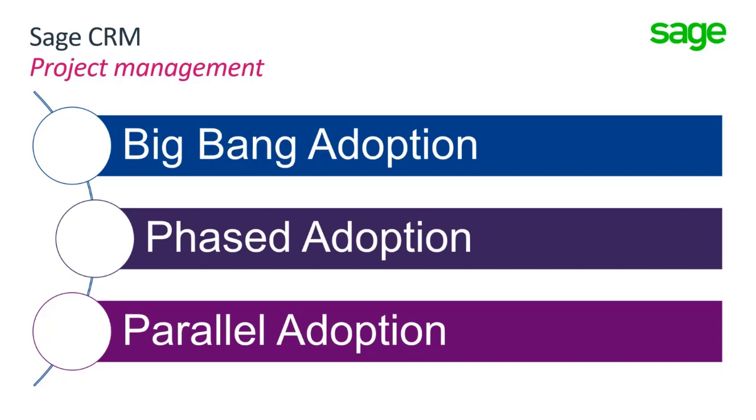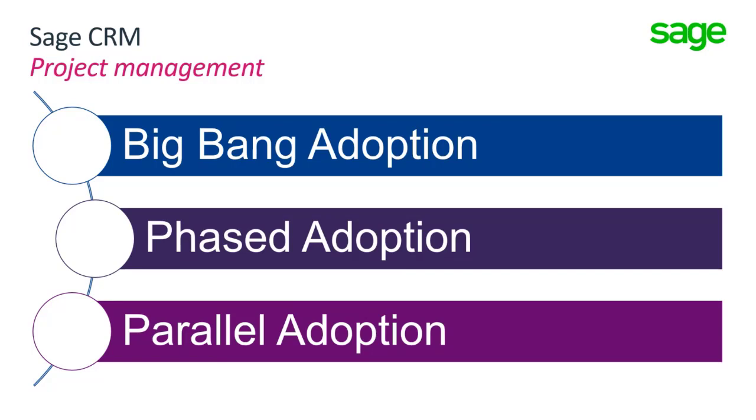So it might be turn on Sage CRM, get Sage CRM working, get the sales team working, and then look at integrating with the accounting system, Sage 300, or in most of the territories around the world, Sage 100 within Germany and Sage 200 within the UK.